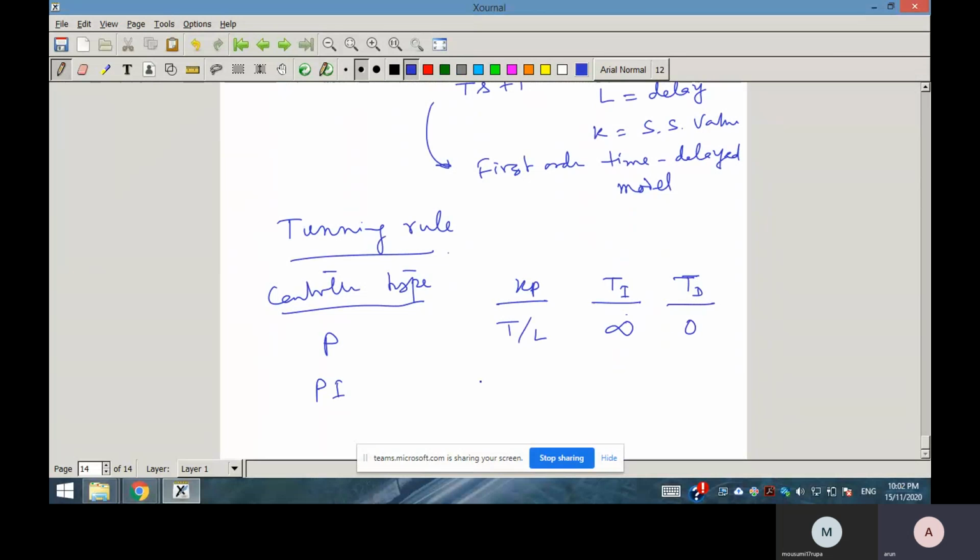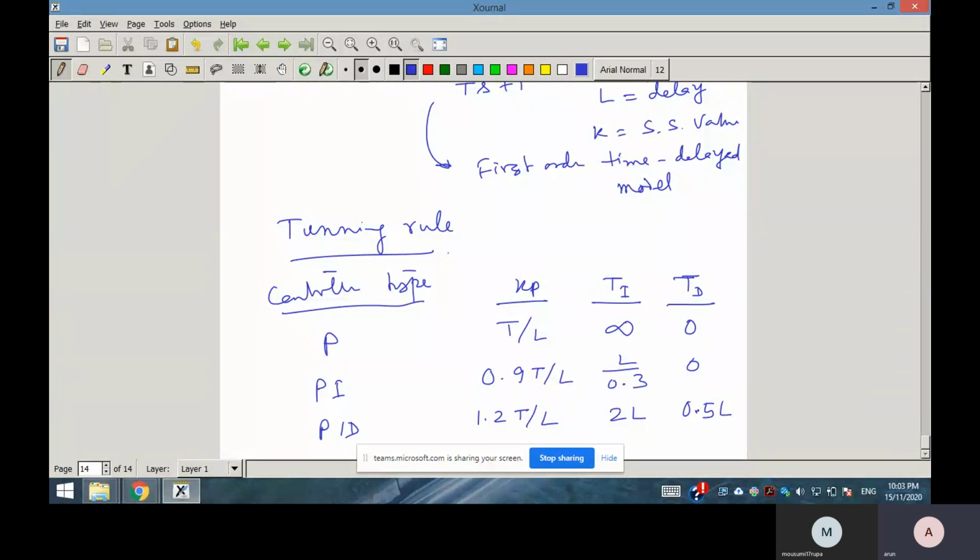If it is PI, then this value is 0.9 into T by L, this value is L by 0.3, and this value is 0. And suppose PID: in case of PID, this value is 1.2 into T by L, this is 2 into L, and this is 0.5 into L.